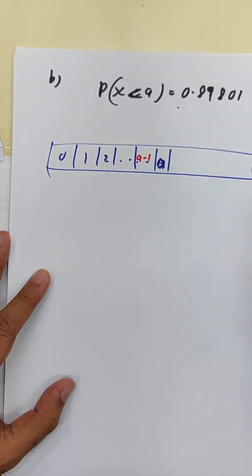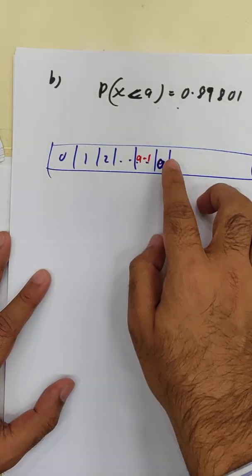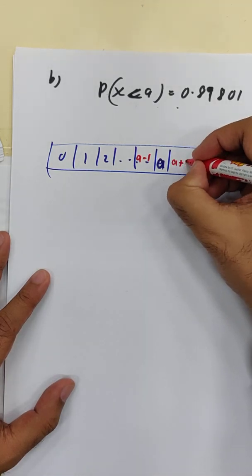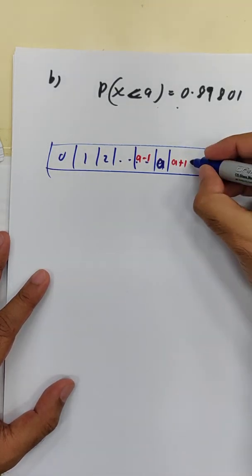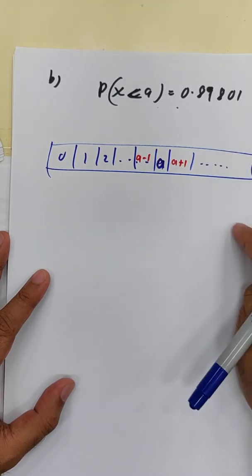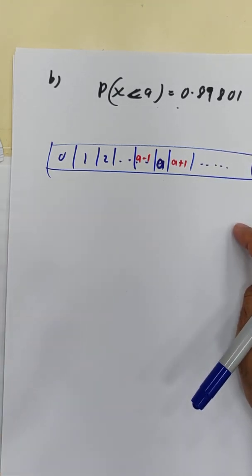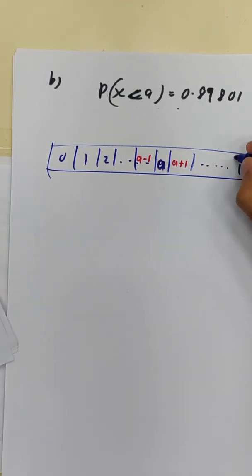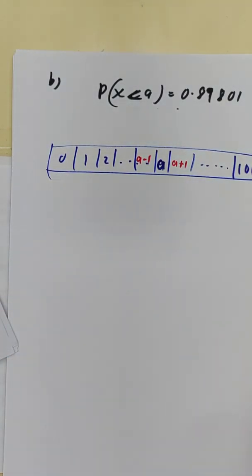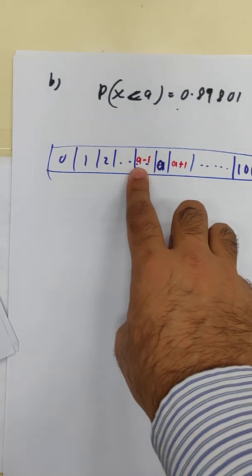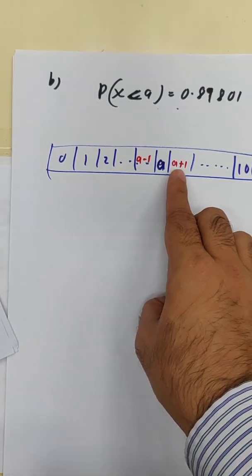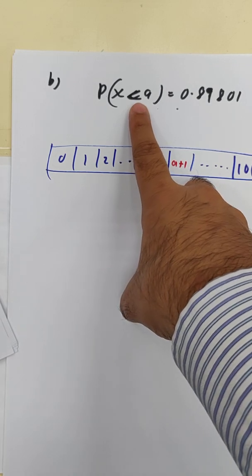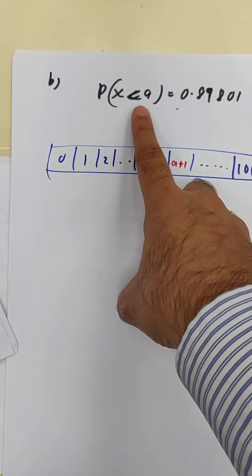Can we agree on that part? What about one number after a? a plus 1. And we know the n is 10. So it's going to be something like this. One number before is a minus 1, one number after is a plus 1. So you want less than a. So how much is that?